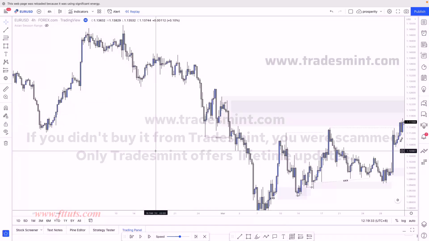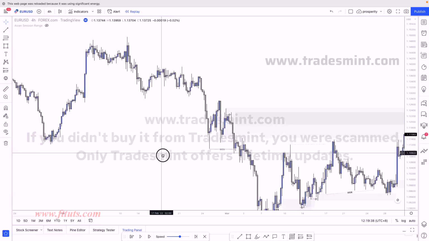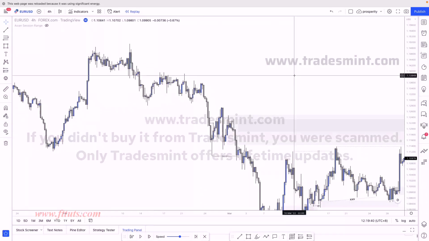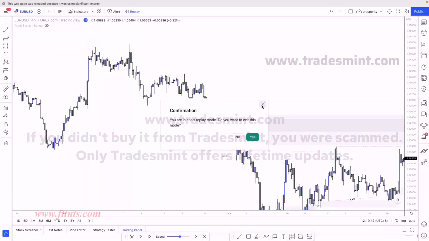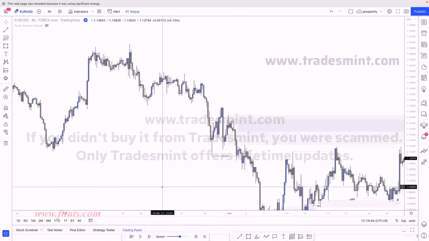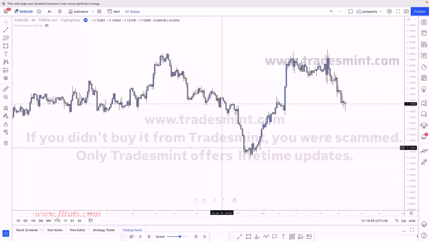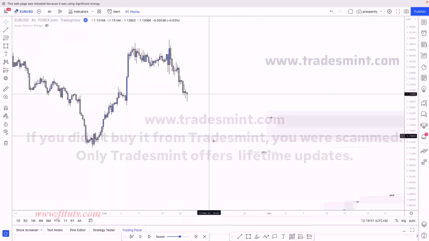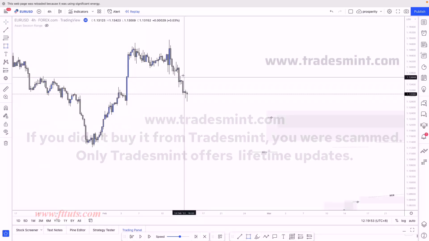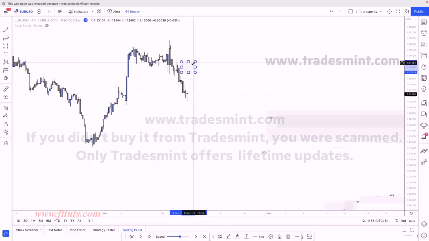Unmitigated is where price hasn't yet returned back to that level, right? So an example of an unmitigated zone would be this one, right? We have a buy to sell range.